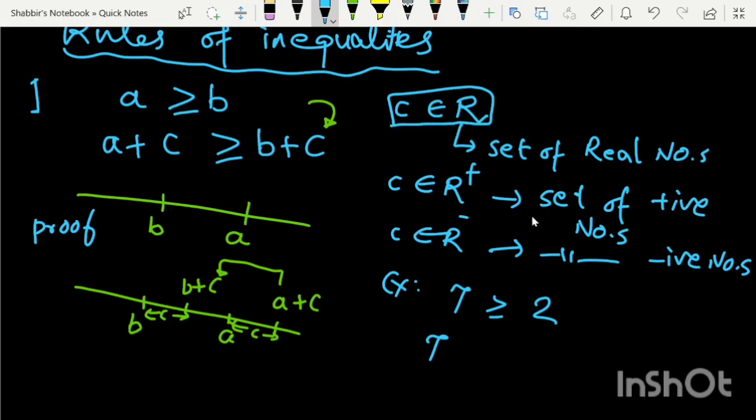This is inequality rule number 1. So 7 is greater than or equal to 2. If I add plus 3, as you can see, it holds. 10 is greater than or equal to 5 is also true.